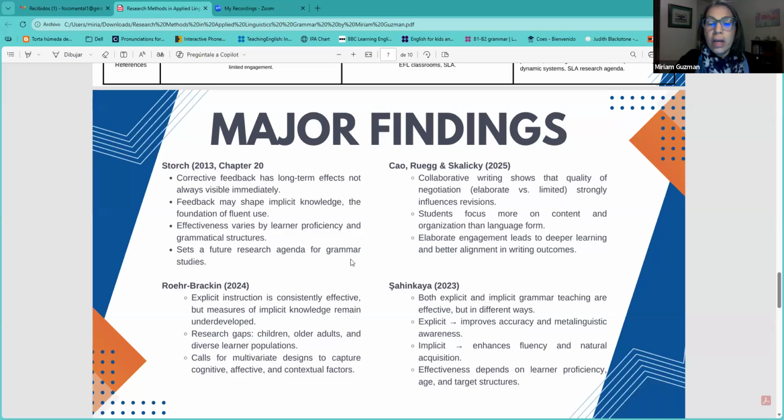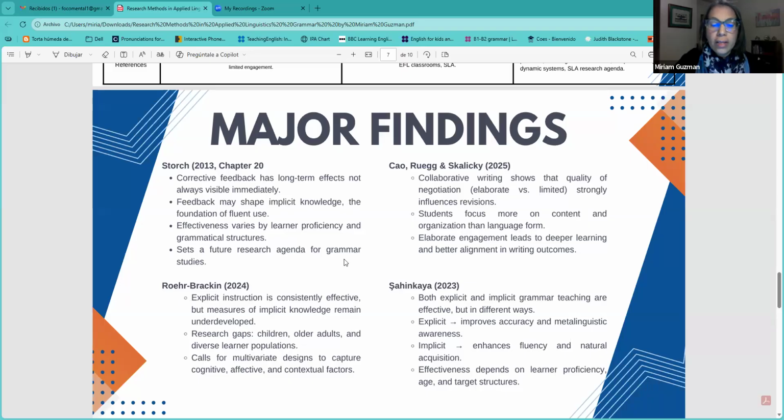On the contrary, they are complementary. Explicit methods improve accuracy, while implicit methods sustain fluency and natural acquisition. Therefore, the overarching message is that grammatical instruction must balance accuracy and fluency, combining explicit and implicit approaches, while recognizing the importance of interaction quality.